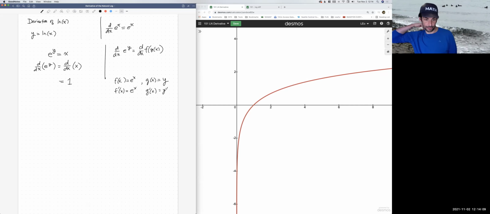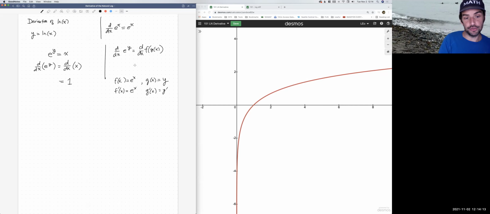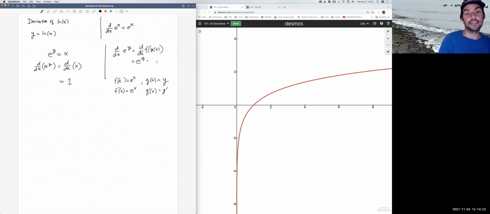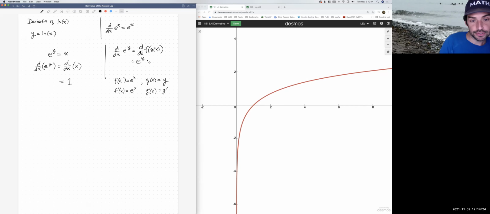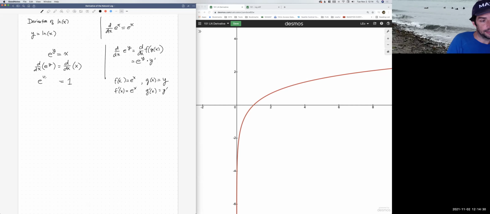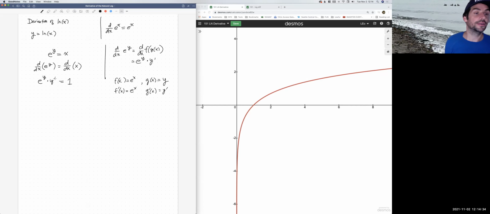That's what that thing means. So putting that into our chain rule, we're going to get f prime, which is e to the, not x, e to the y, times g prime, which is just y prime. So we get e to the y times y prime, okay?